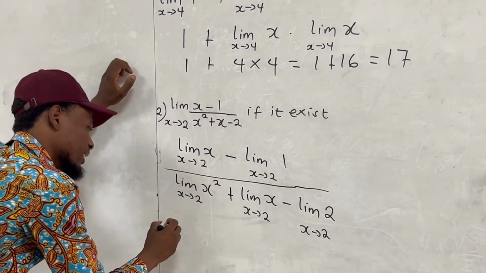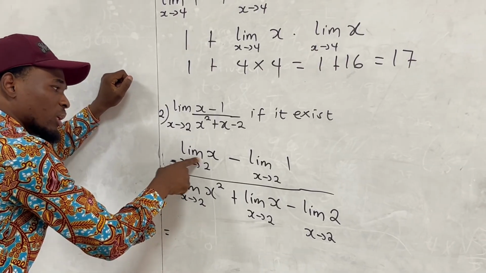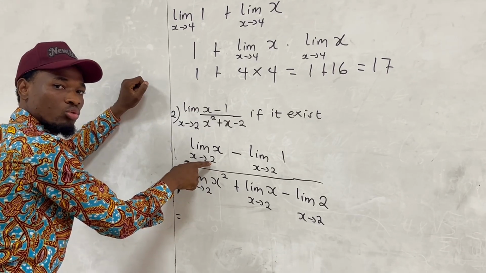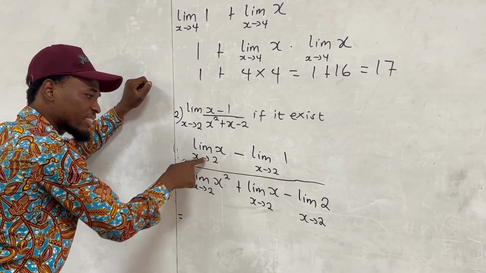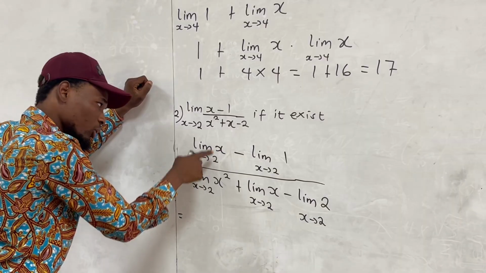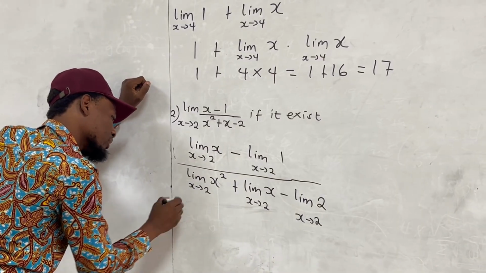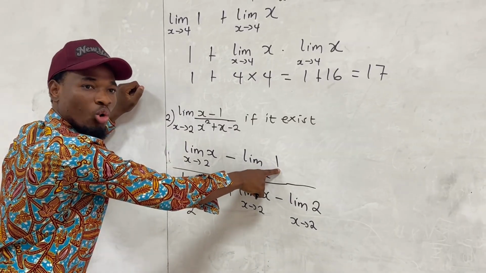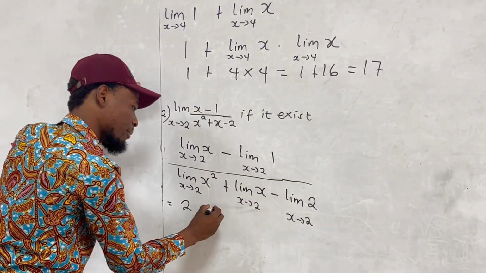The limit of x as x approaches 2 means wherever I see x, I put 2 there, so this becomes 2. Then minus the limit of a constant, which is always the constant, so minus 1.